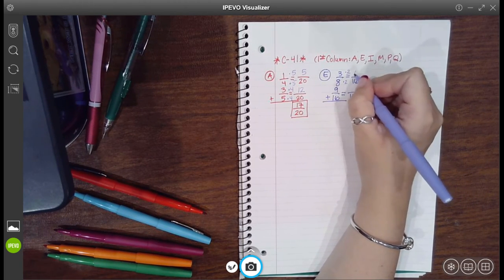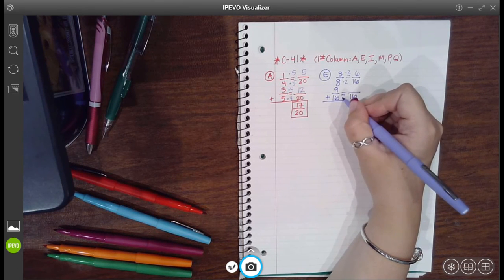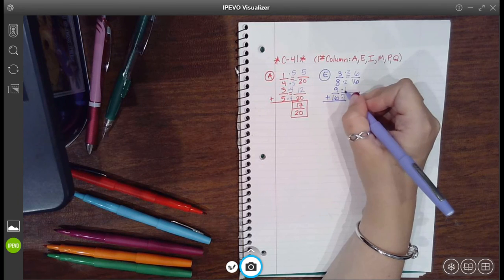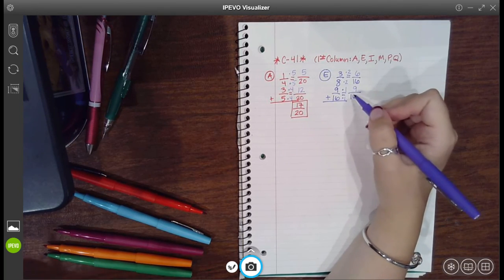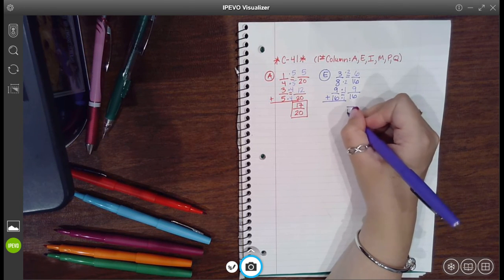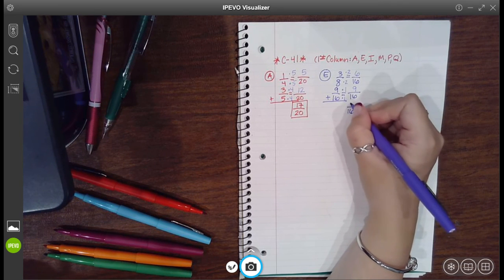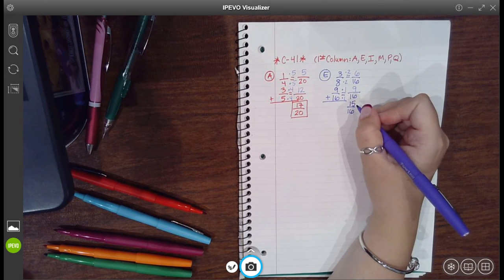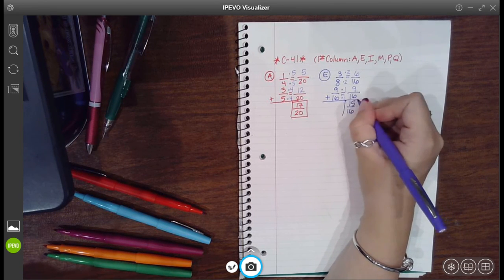So 3 times 2 is 6. 16 times what is 16? 1. So same thing on top. 9 times 1 is 9. Now that you have equivalent fractions to your originals, but with common denominators, keep the denominator the same. Add your two numerators. 6 and 9 make 15. Can you reduce it? No. Is it improper? No. So you're done.